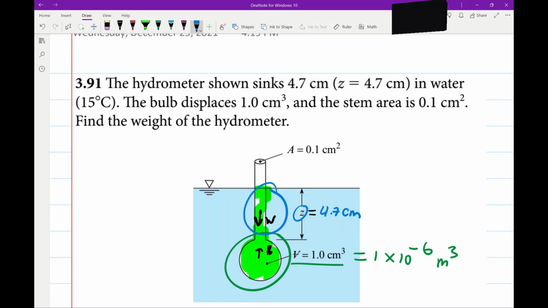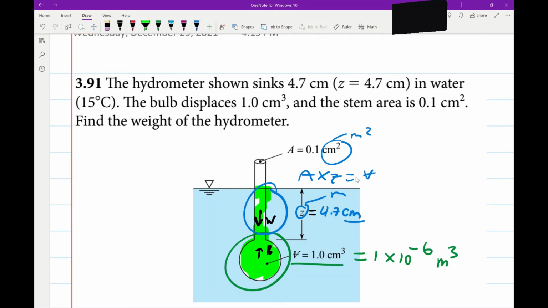Here we have A equals 0.1 centimeters squared. Both of these are in centimeters: one is centimeters squared, and this one's just centimeters. So if we convert Z to meters, and A to meters squared, and multiply A times Z, we'll get our volume of the neck.